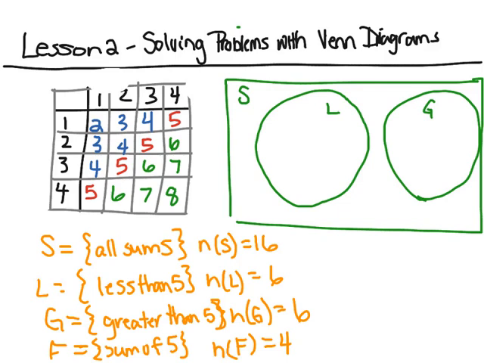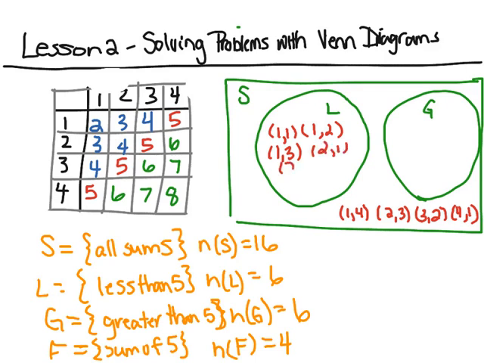So outside of those circles, we know we have our 5s. So let's do that in red. They're not going to go in less than or greater than, so let's put them in first. 1 and 4, 2 and 3, 3 and 2, and 4 and 1. And inside our circle for less than, we have all our blue numbers. So 1 and 1, 1 and 2, 1 and 3, 2 and 1, 2 and 2, and 3 and 1.